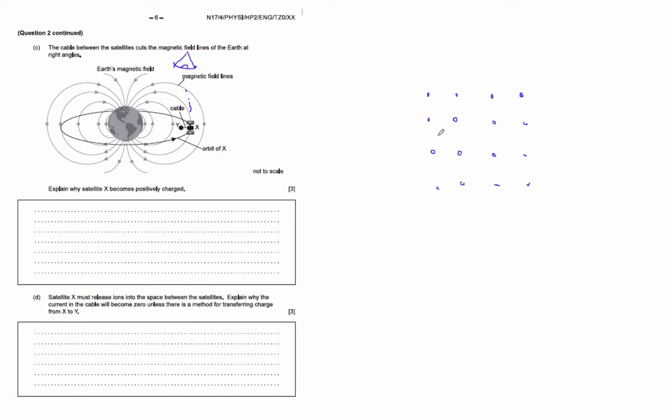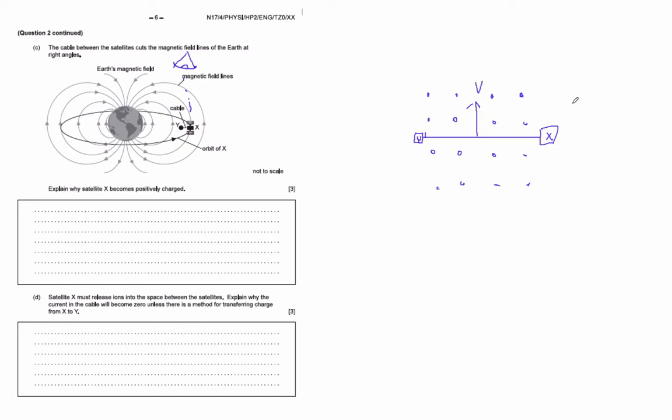So hard to draw magnetic fields. And then you'd have this cable, long cable, and you'd have satellite X and Y. And they'd be moving this way at some velocity.